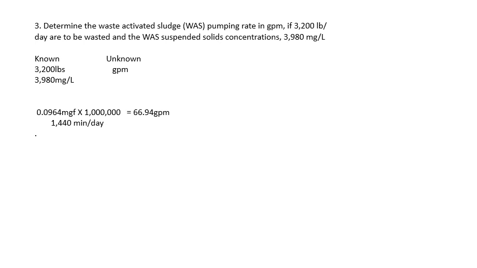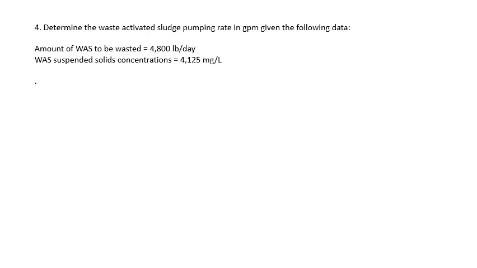Determine the waste activated sludge pumping rate in gallons per minute given the following data. The amount of WAS to be wasted is 4,800 pounds per day, and the suspended solid concentration is 4,125 milligrams per liter. So we have our pounds formula. We're going to rearrange it so we can find the million gallons a day.